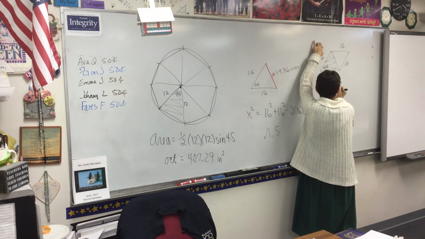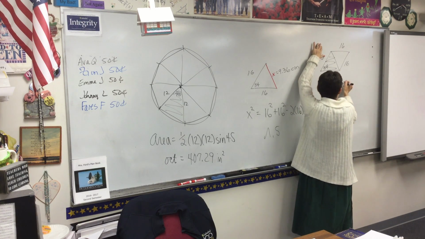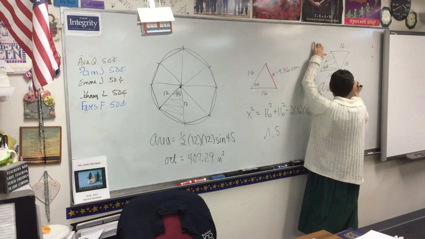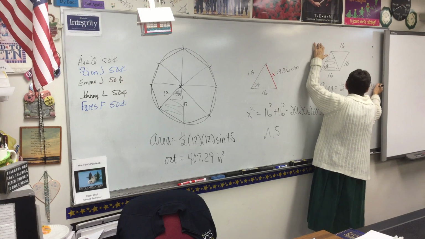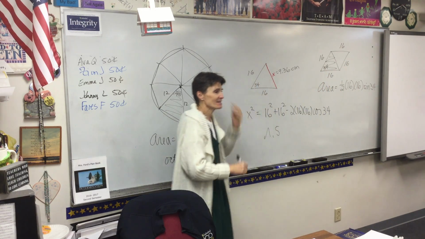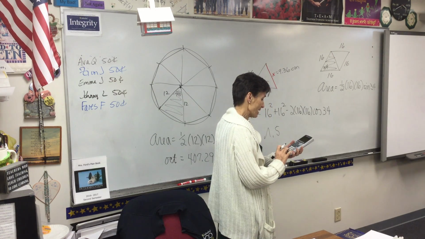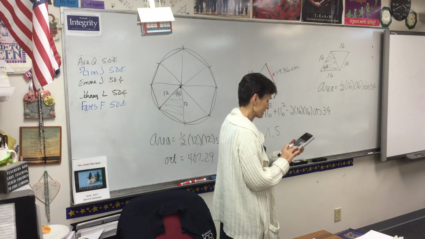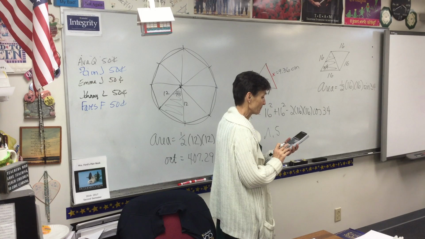What formula would we use to find the area of that triangle? 1/2 side, side, sine. Right? 1/2 side, side, sine. We can do that. So 1/2 times 16 times 16 times sine 34.